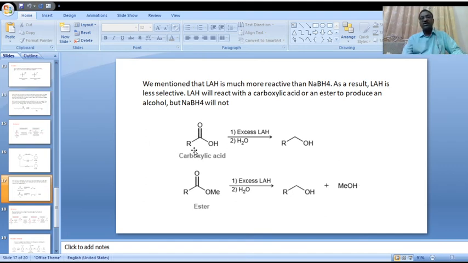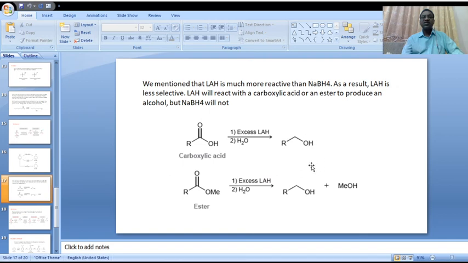Carboxylic acid, COOH, the carboxylic acid functional group compound. This compound on reaction with excess LAH, lithium aluminum hydride, in a solvent, gives alcohols, monohydric alcohols.